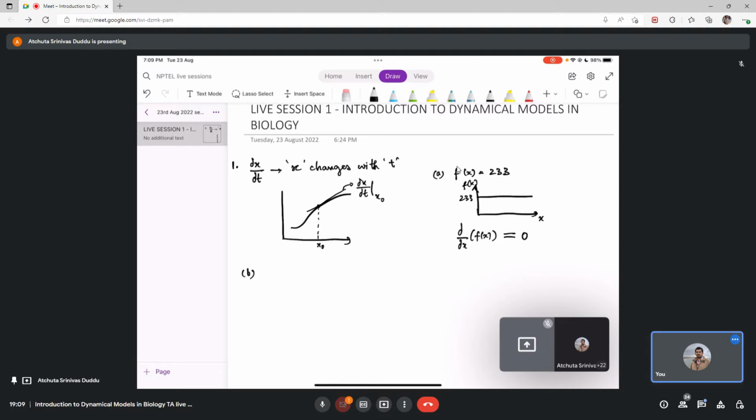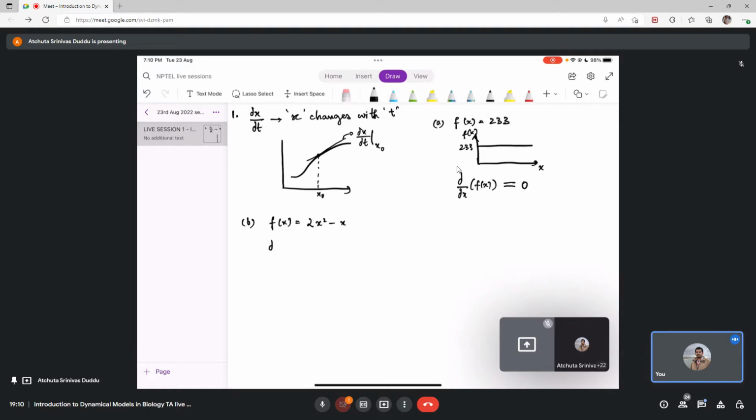Coming to the next bit, we have f of x equals 2x square minus x, right? Here d by dx of f of x would be 2 times the differential of x square. The rule we use is d by dx of x power n is given by n into x power n minus 1.